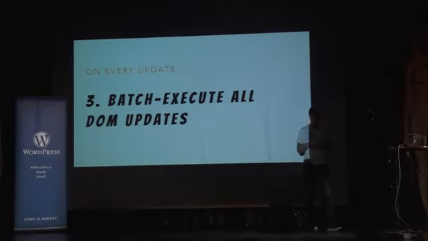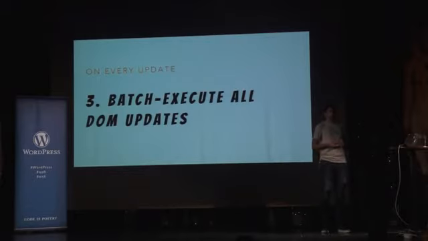Let's say first you click something and it needs to both add a few list items, but also update a counter somewhere up in the header. React will probably wait a bit, and on the next redrawing frame of the browser, it will just do them together, and it makes it so much faster.